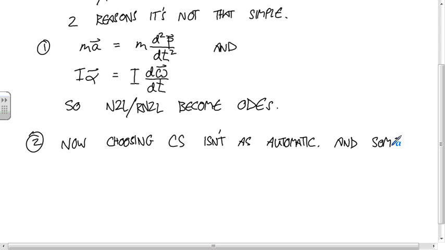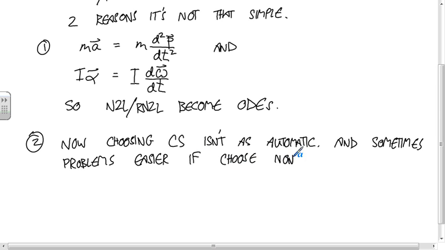And sometimes the problems are easier if you choose a non-inertial coordinate system. With non-inertial coordinate systems, you have to be careful about how you apply Newton's laws. Newton's laws only hold in an inertial coordinate system.